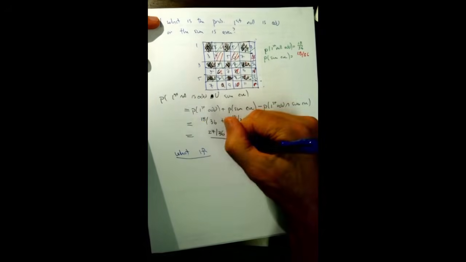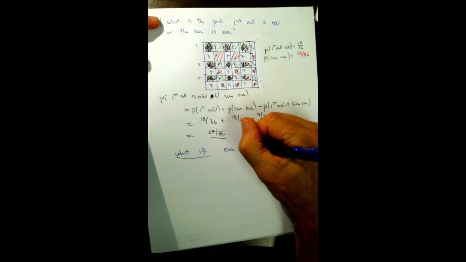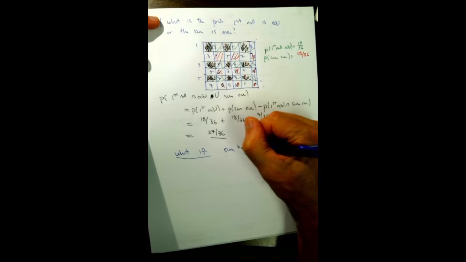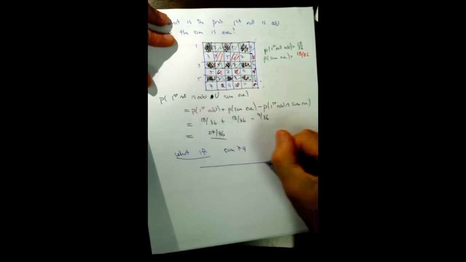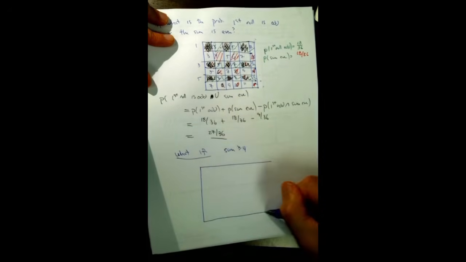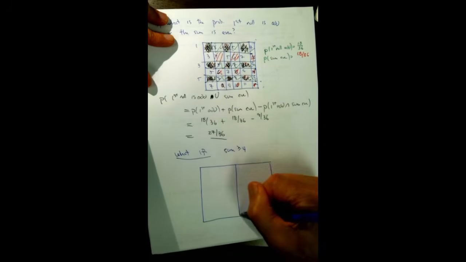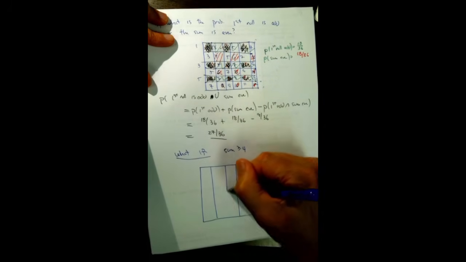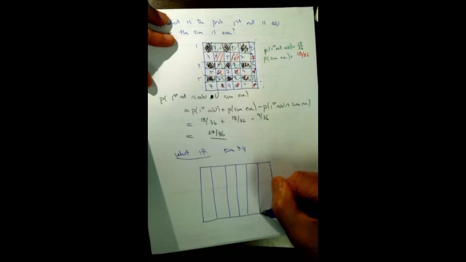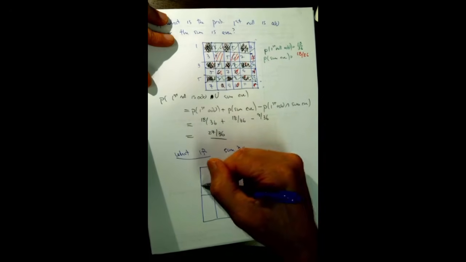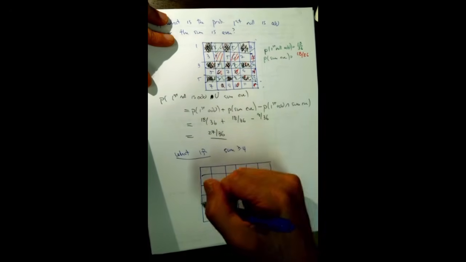What if I happen to know that the sum is greater than or equal to 4? How does this change? Well, this changes in that my sample space is different.